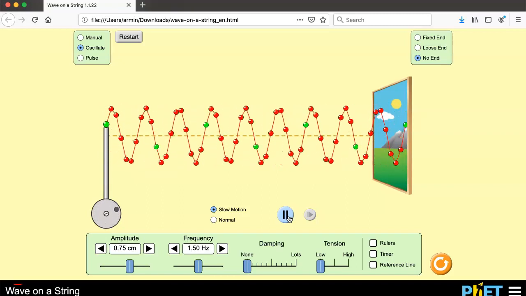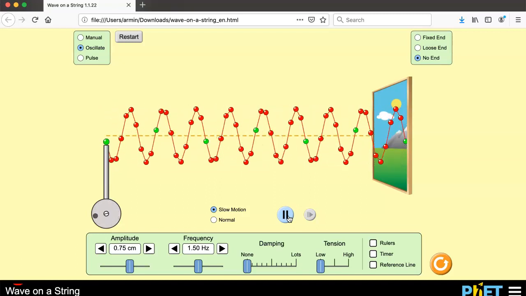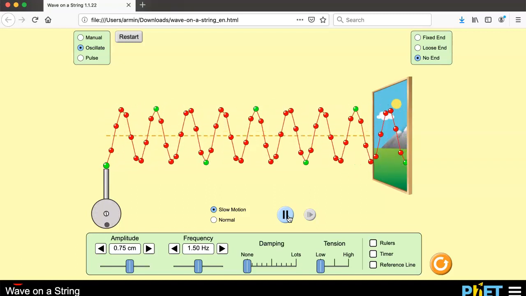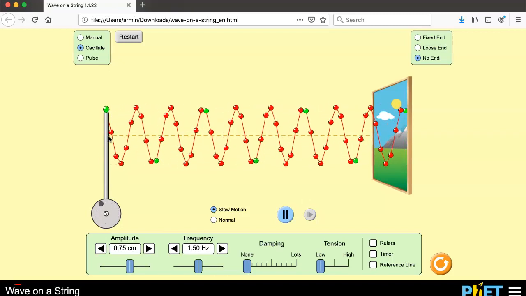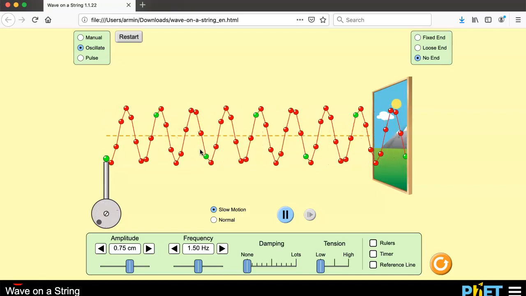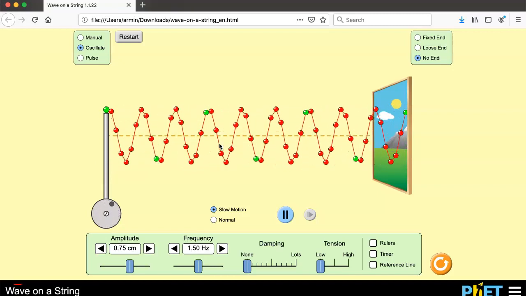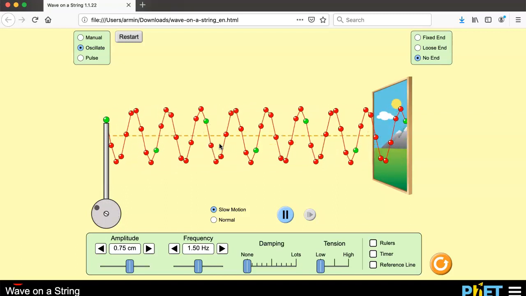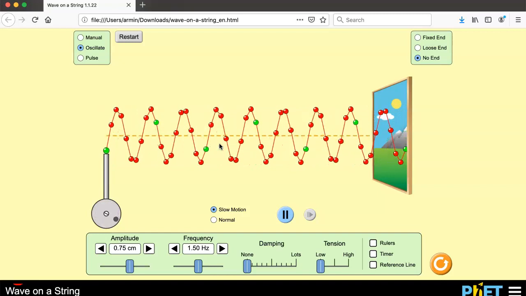And we expect, of course, that if we think about the displacement of one point, some distance x from the source along this string, it's going to be some sinusoidal function of time, right?